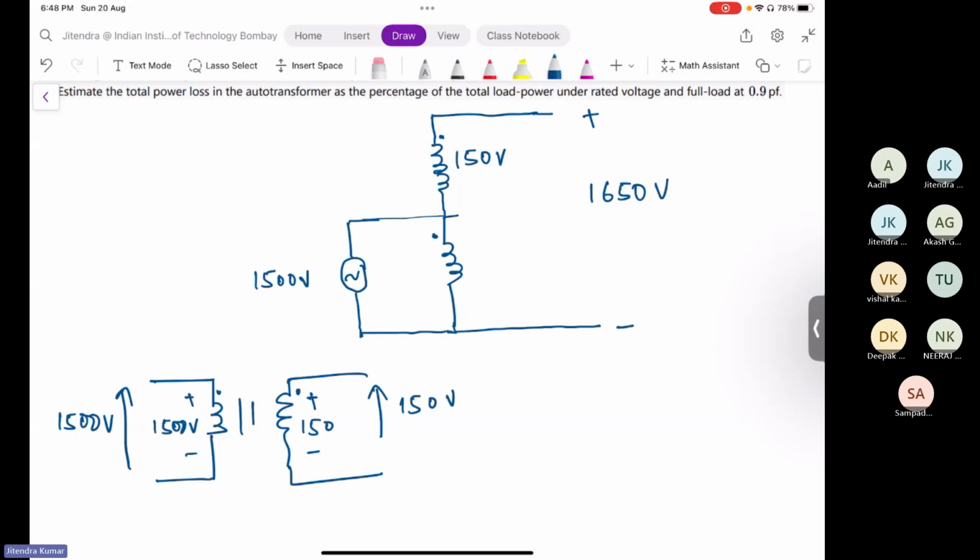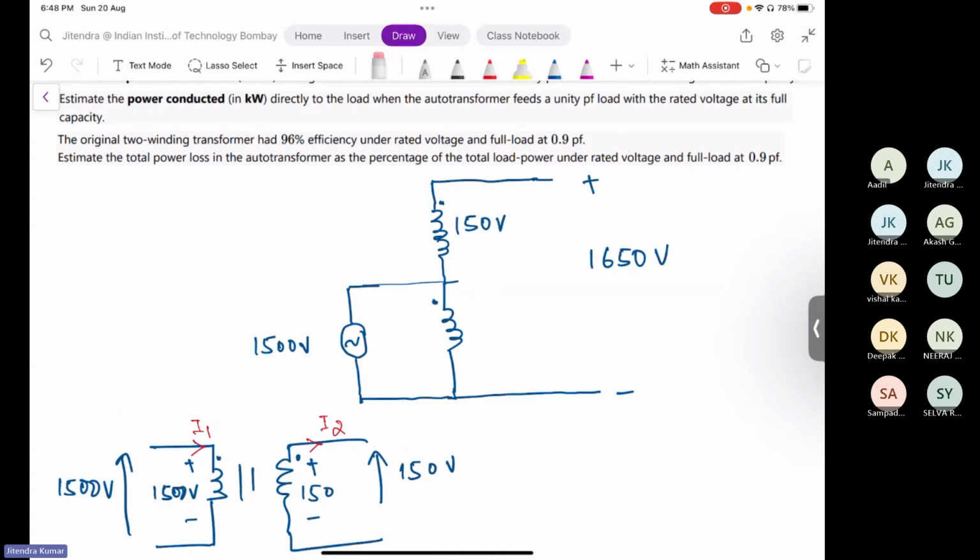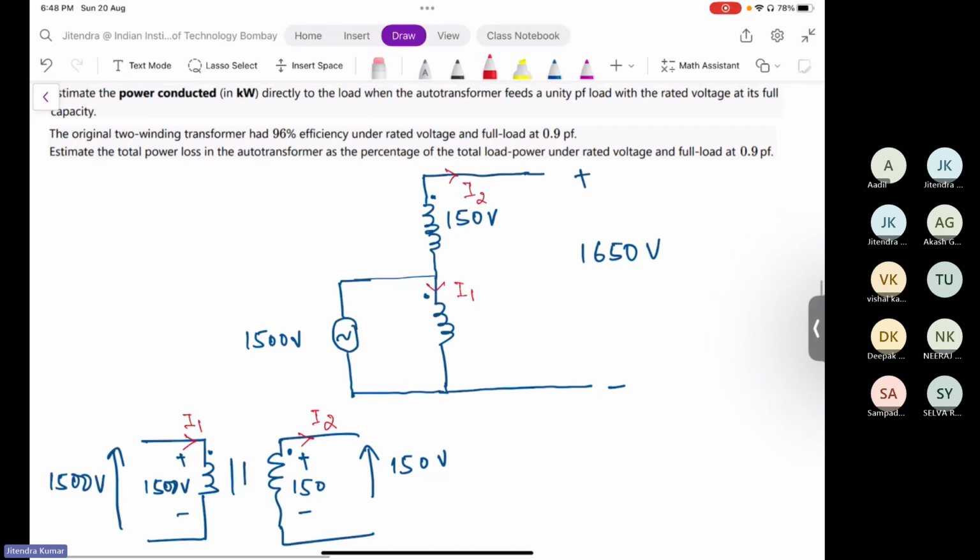If current is entering this dot, it should leave this dot, right? So this should be the direction of current. The same direction of current we will use here in the auto transformer, I1, I2. Am I right?